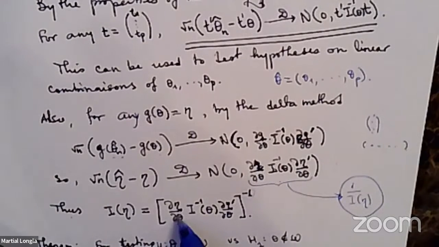And if theta is just one variable, this just gives you the derivative squared, right? And that's the formula that I used in that homework to find the Fisher information when you had square root of theta.